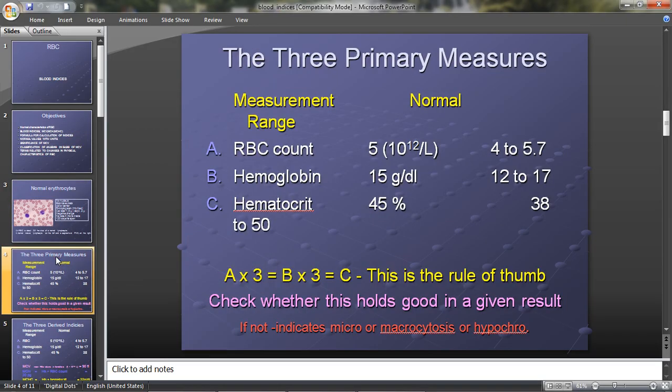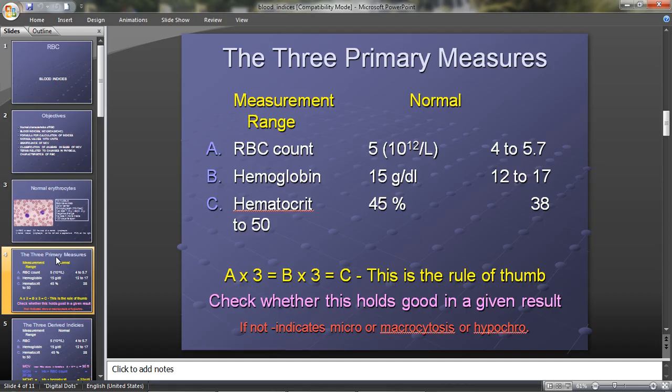The three primary measures that are required to be put in the formula are the RBC count, the hemoglobin and hematocrit. The normal range of the RBC count is 5, the hemoglobin is 15 and hematocrit is 45.